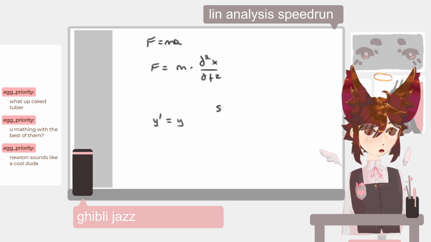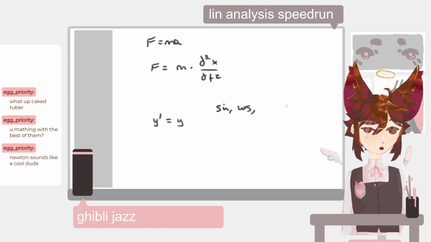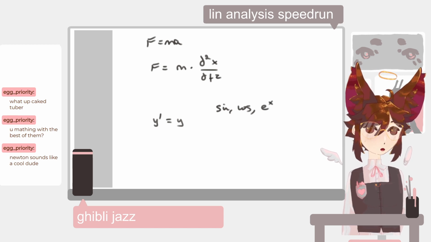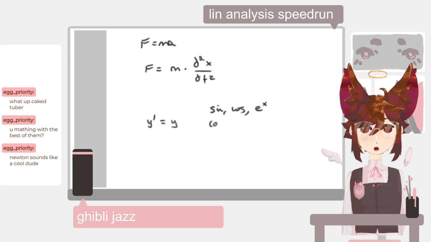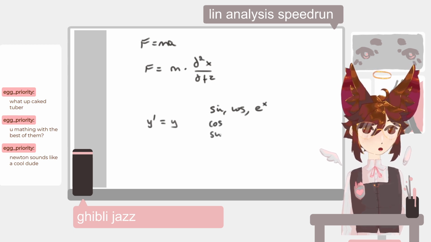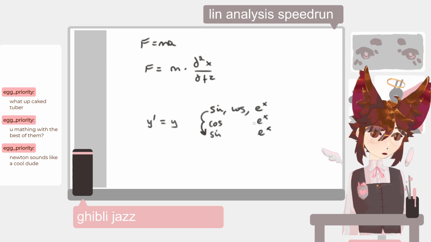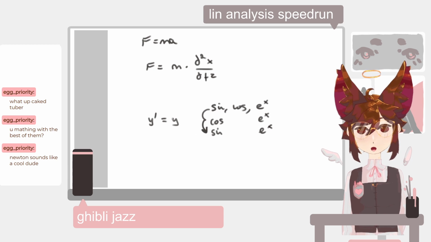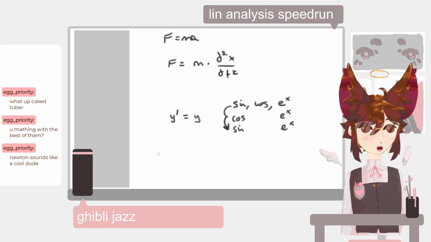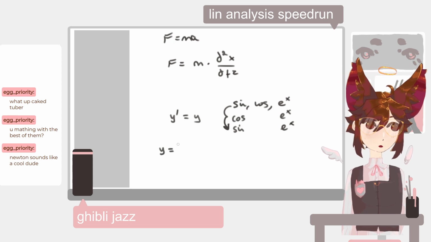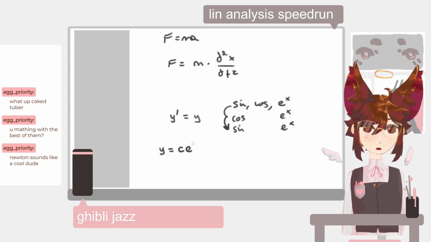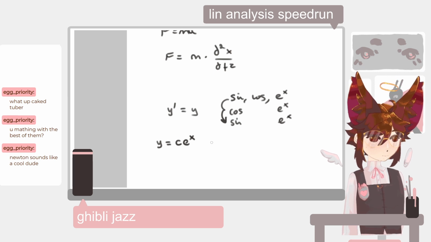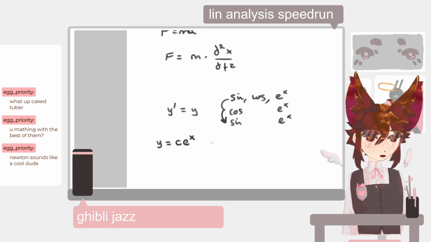We've got our trig functions, sine and cosine, and we've also got our exponentials, so e to the x. Now these guys repeat. This goes sine, cosine, sine, cosine, so it takes two to get back. But this one just goes e to the x, e to the x, e to the x. So in this case, y would have to be equal to some constant times e to the x, right? So we can think about some differential equations like that.